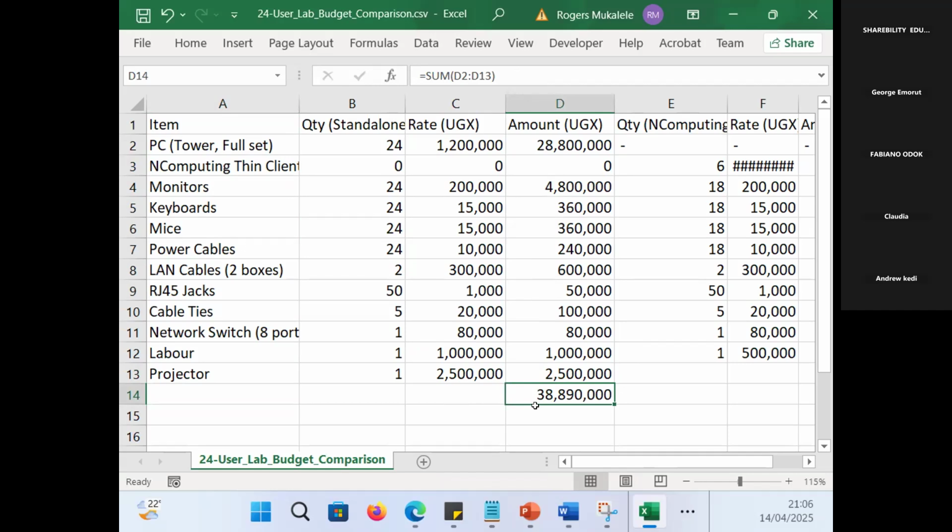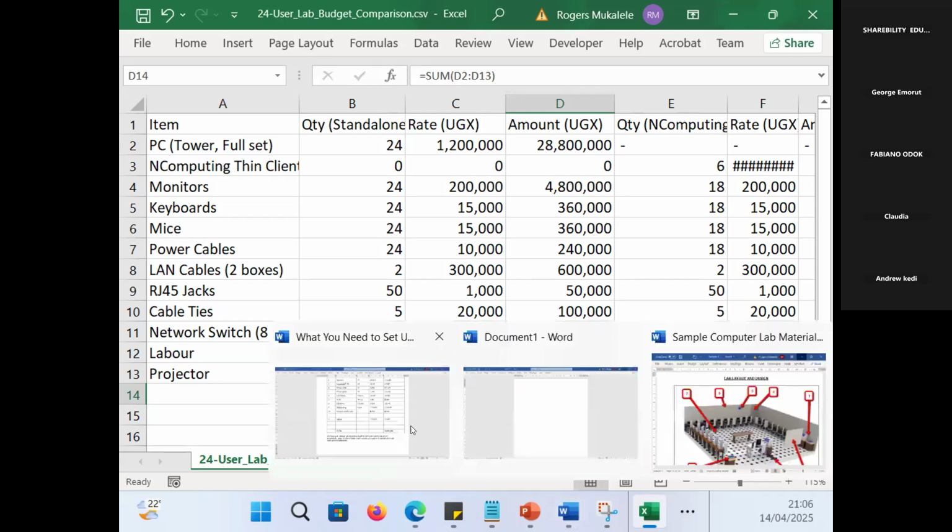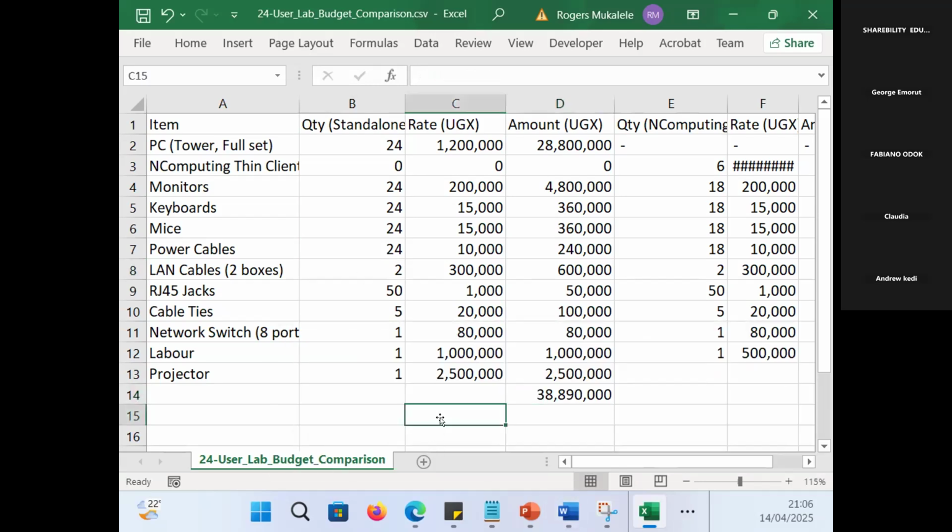Okay, so if your budget is 40 million, you can plan how much you can pay every term. Can you put a technology fee? Say you have 1,000 learners, and each learner brings 10,000.